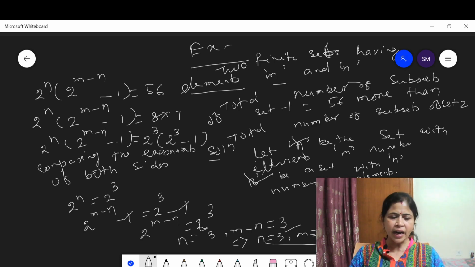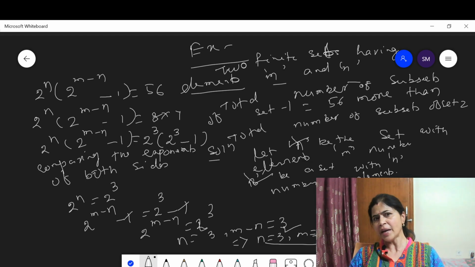Then let A be the set having m number of elements and B be the set having n number of elements. According to the question, the difference between their number of subsets is 56. This means 2 to the power m minus 2 to the power n is equal to 56.